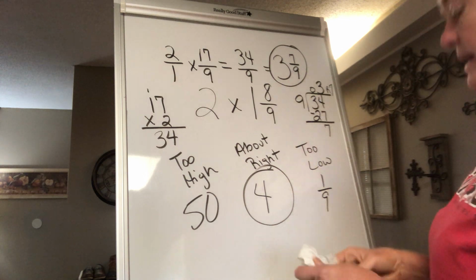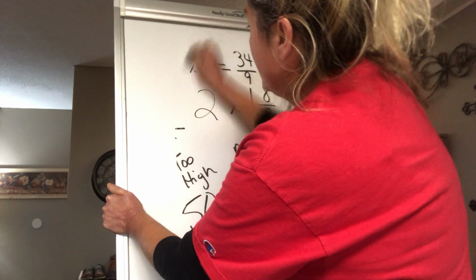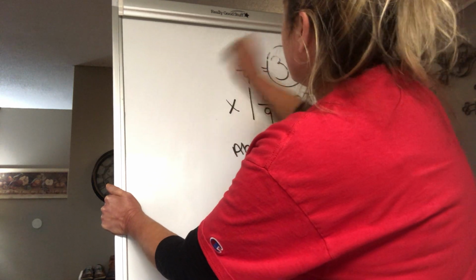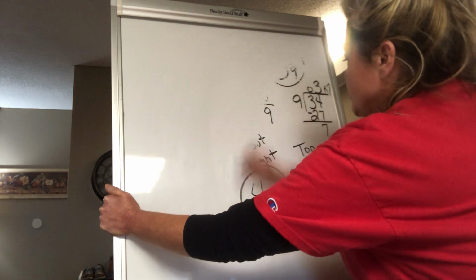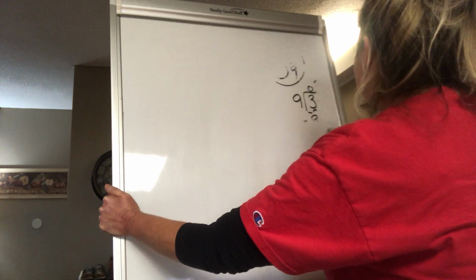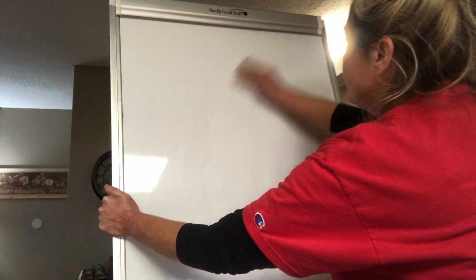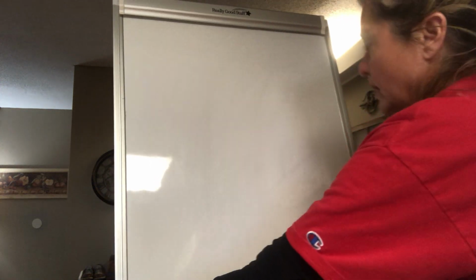Okay, on the next page. It gives you some word problems and it wants you to decide whether you would be multiplying or dividing, or you would be adding or subtracting your fractions to get the answer.